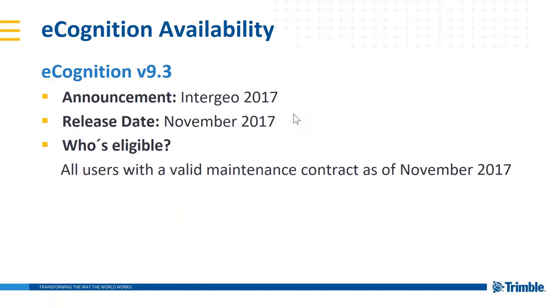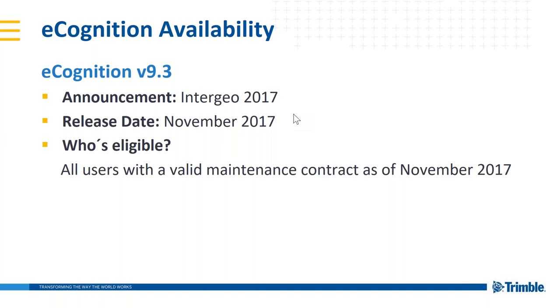So in terms of the eCognition software and current availability, we've been getting some information or questions via our support network over the past week. When is, for instance, a new version coming out? Well, we are working on one. Version 9.3 will release very soon. We announced it at Intergeo 2017 in Berlin.